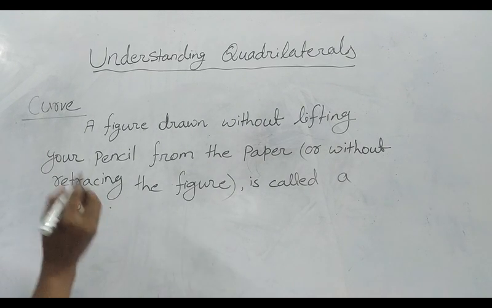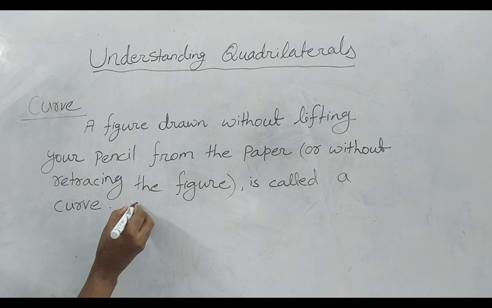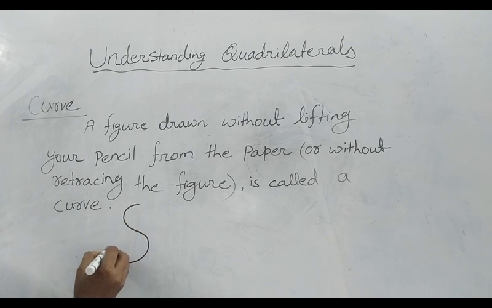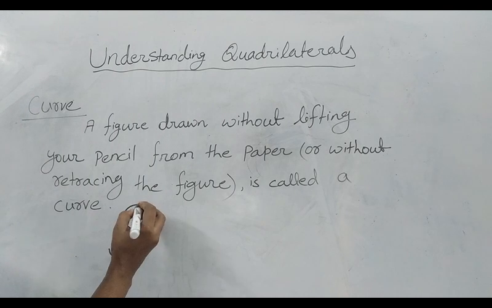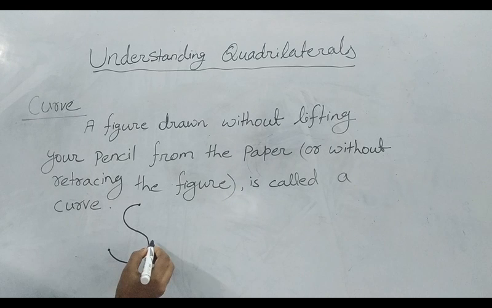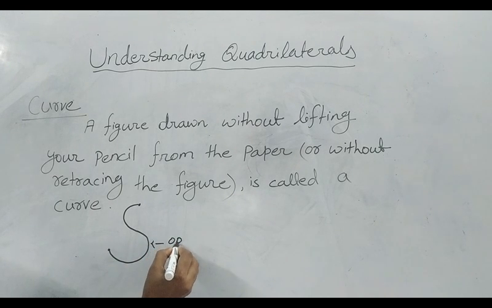So that means when you draw a figure starting from some point and it finishes at a different point, then this curve has two end points. In that case, this curve is said to be an open curve.